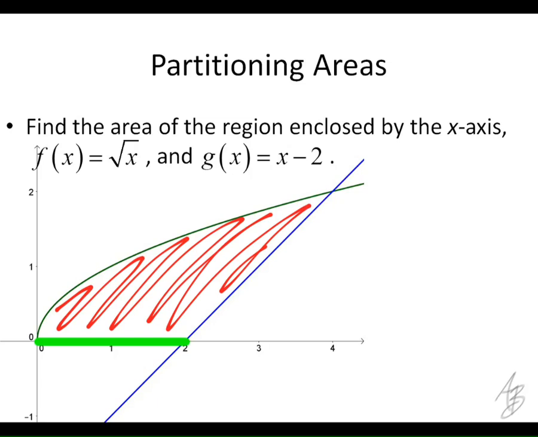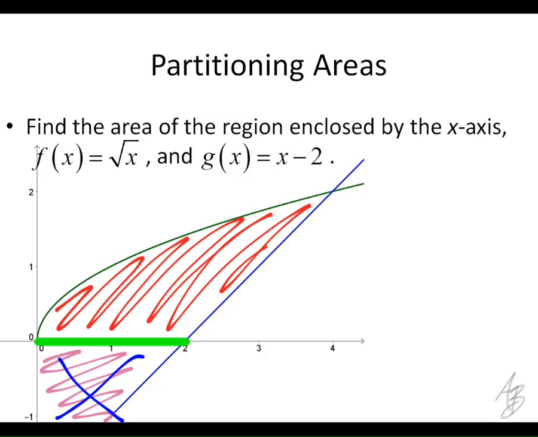Now, using the ideas that we've just talked about, we could find the area between the square root of x and x minus 2 fairly easily. But if I just take the integral of the square root of x minus x minus 2 from 0 to 4, I'm going to get not only that red area there, but I'm going to include some extra stuff here that I don't want.